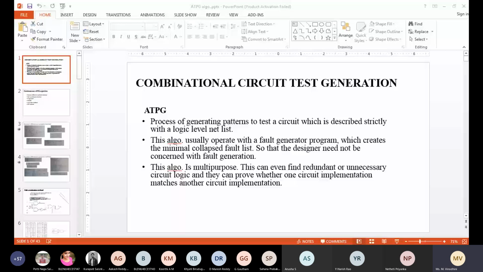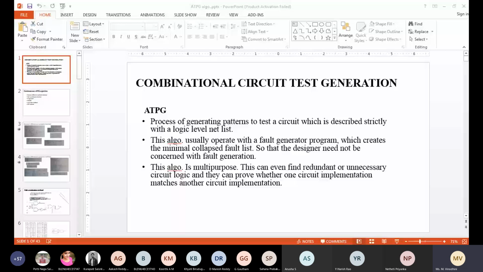For that reason, we were going ahead with a fault simulator or a true value simulator. You all know this simulation is done before fabrication. There is another set of algorithms available that we call ATPG algorithms.